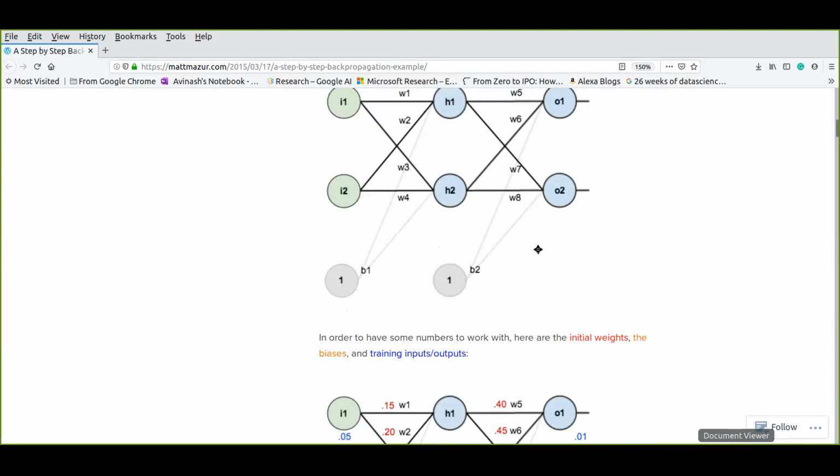It was after f of z, and it was multiplied by the hidden layer to get the output. And my question was, why weren't we doing back propagation for U?